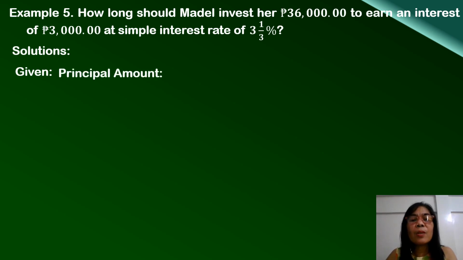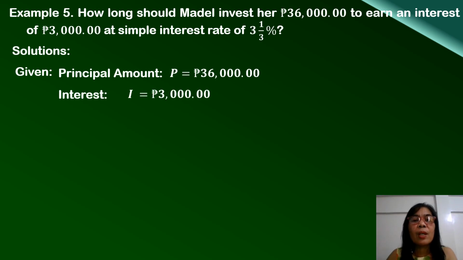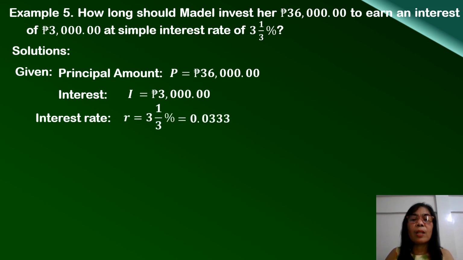The 36,000 pesos is the principal amount and the interest is 3,000 pesos. The interest rate is 3 1/3%, which, when converted to decimal, is 0.0333. And we are required to find how long.